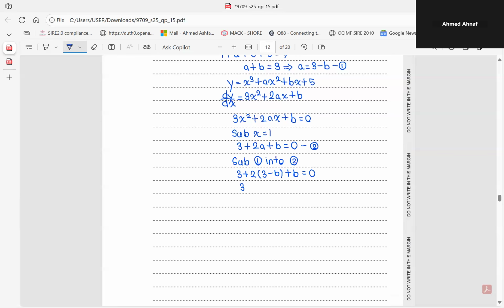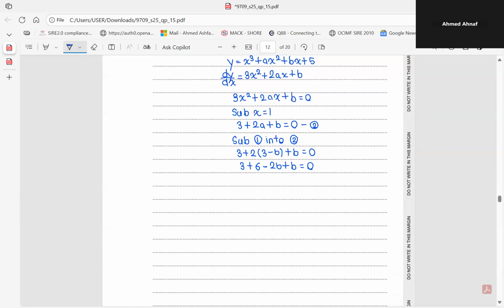So it's just 3 plus 2 times 3, that's 6. 2 times negative b, that's minus 2b, plus b equals to 0. So minus 2b plus b, that's minus b, equals to 3 plus 6, that's 9. So you get minus 9. And b would be equals to 9.